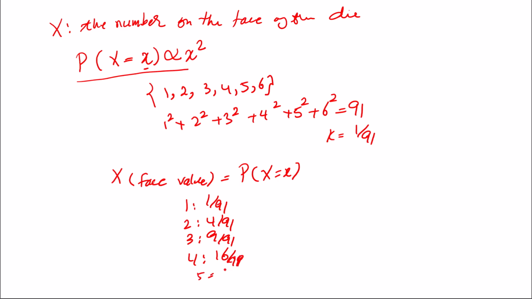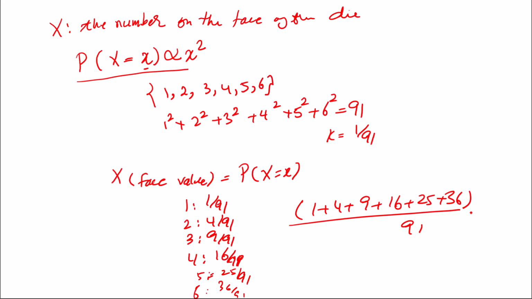For 5, it's 25 by 91, and for 6, it's 36 by 91. If you sum them together, 1 plus 4 plus 9 plus 16 plus 25 plus 36 divided by 91, you get 91 by 91, which is equal to 1. This confirms the distribution is valid.